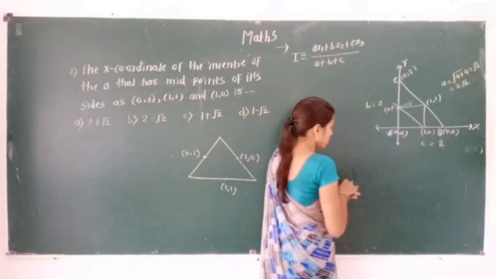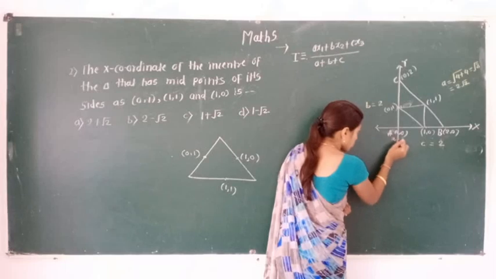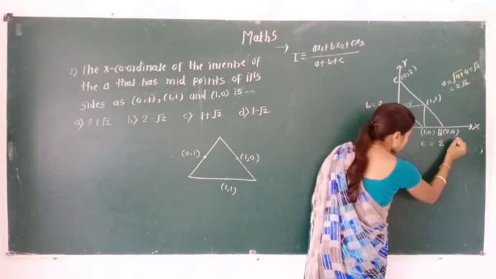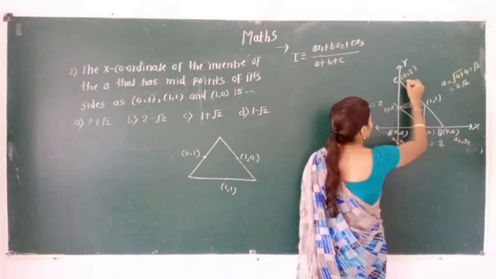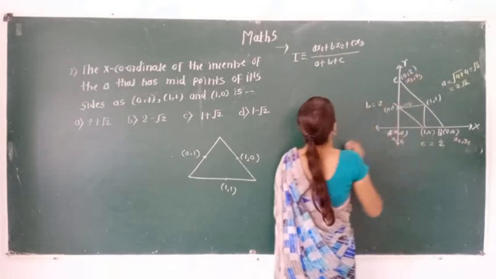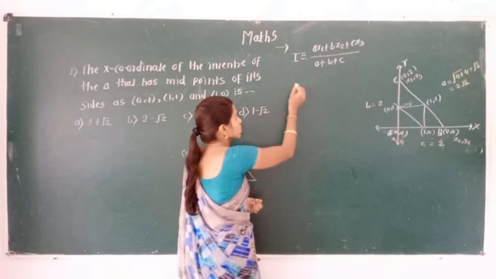Consider A as (x1, y1), B as (x2, y2), and C as (x3, y3). So put all these values in this result.